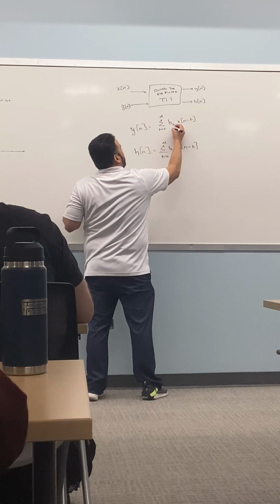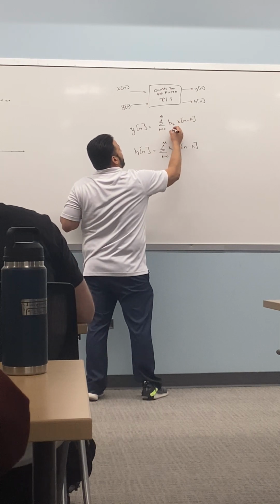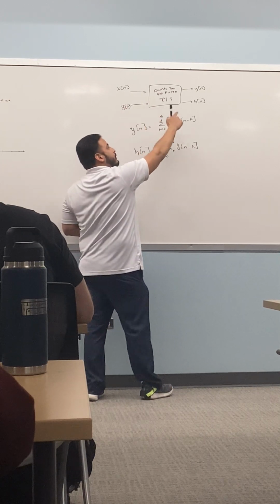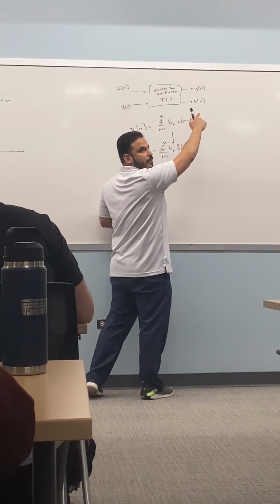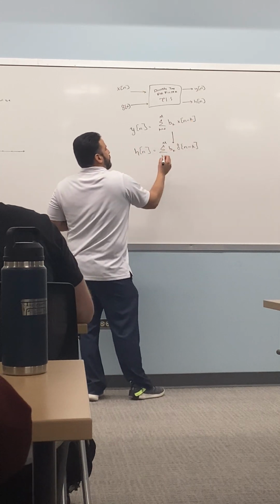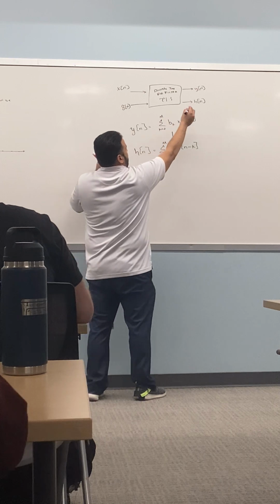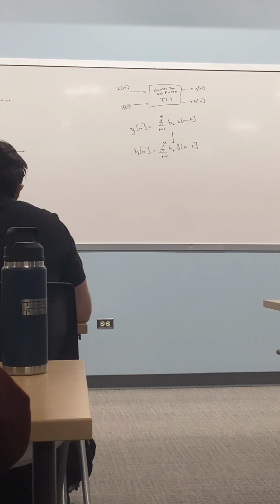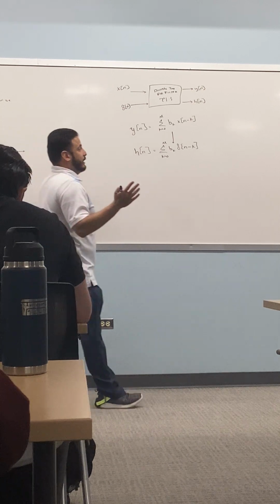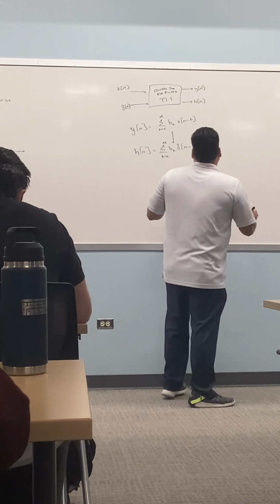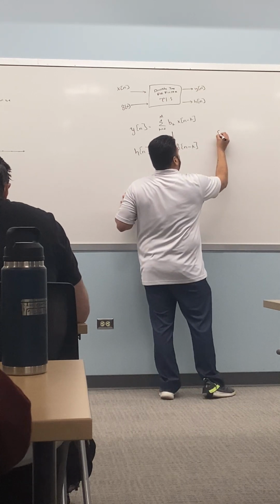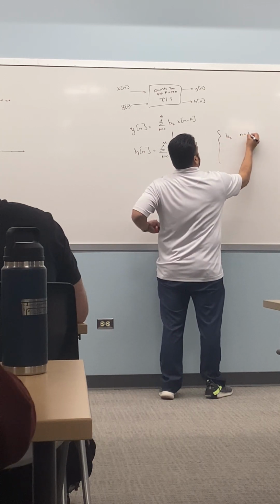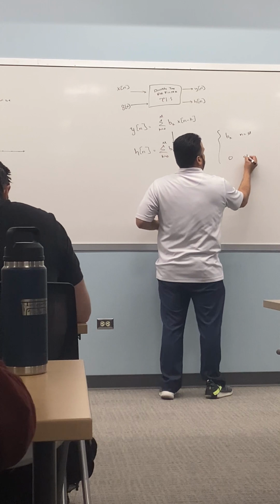So this b of k becomes this h of n, that summation of those b of k values, depending on what the system is doing to the overall x of n. I know there's a lot of variables. Again, it's going to be b of k where n equals 0, and 0 otherwise.